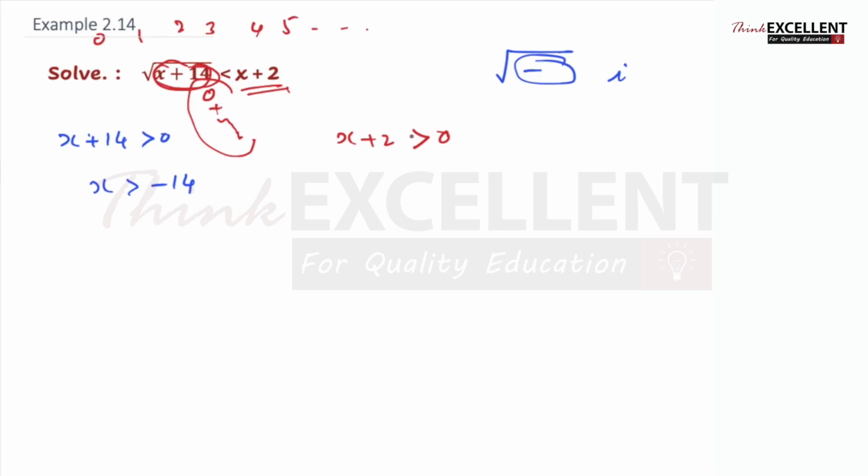So the minimum value we write is x plus 2 greater than 0, or you say x is greater than minus 2.